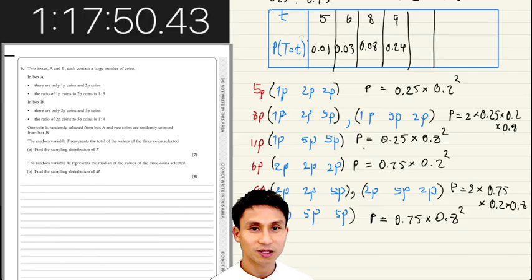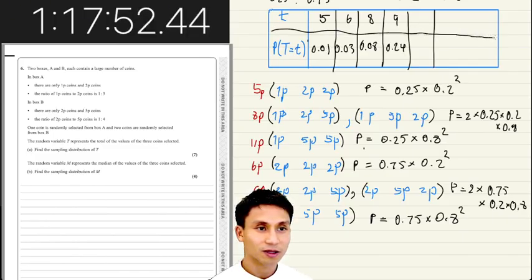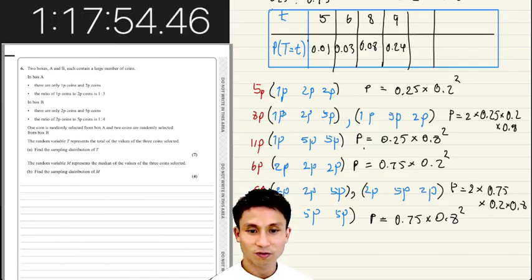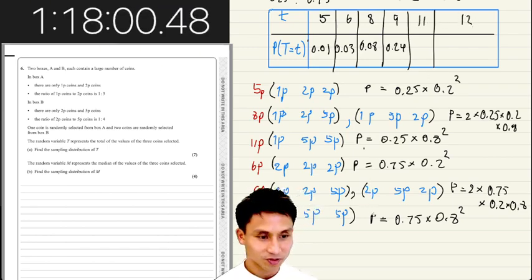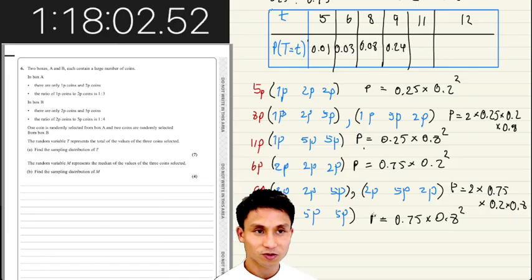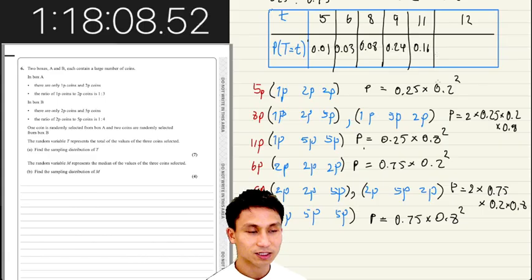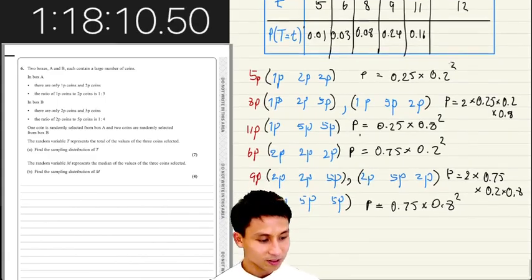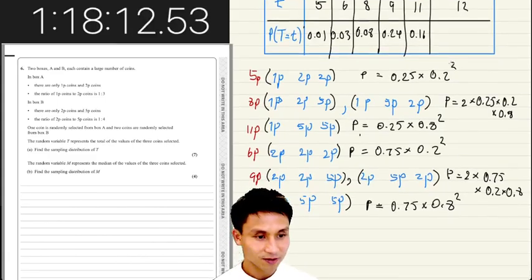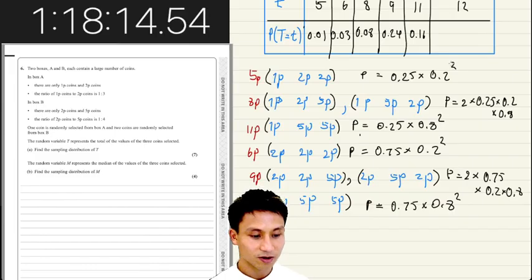How can we? 1, 2, 3, 4, 5, 6. Yeah, almost. 0.25 times, so we're doing 11 first, times 0.8 squared. That's 0.16.